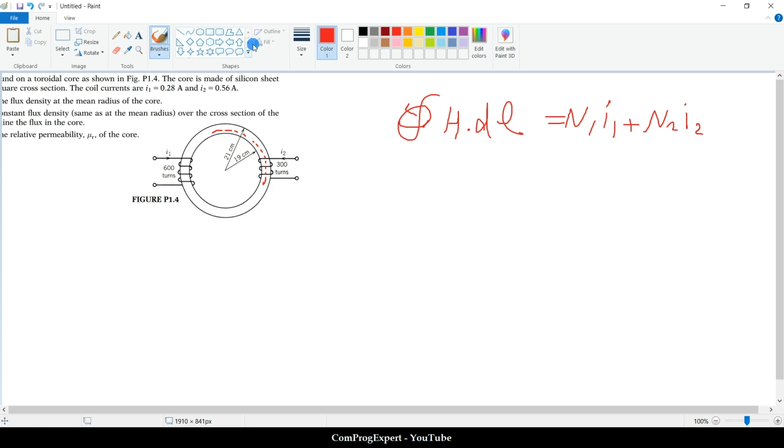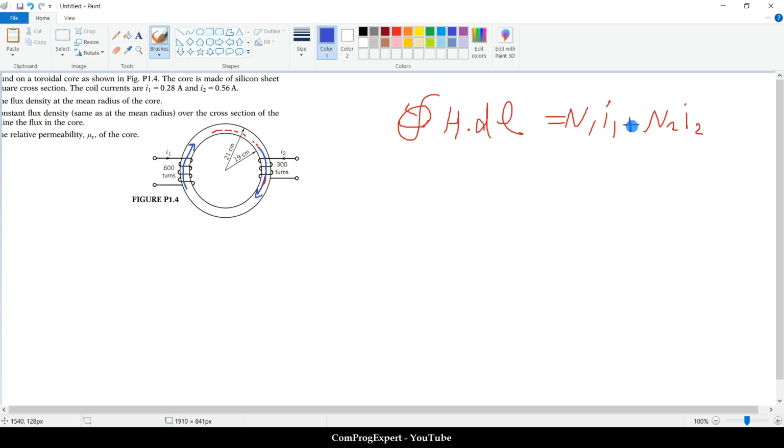Direction of the current is important. You know that this coil generates a flux in this direction and this coil generates a flux in this direction. So the direction of the flux generated by coil 1 is in the same direction as the flux generated by this coil. So I considered this plus sign.